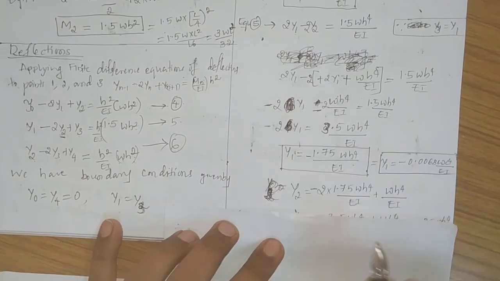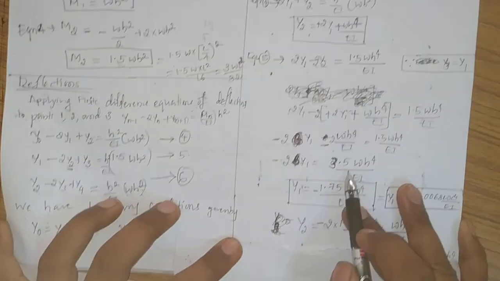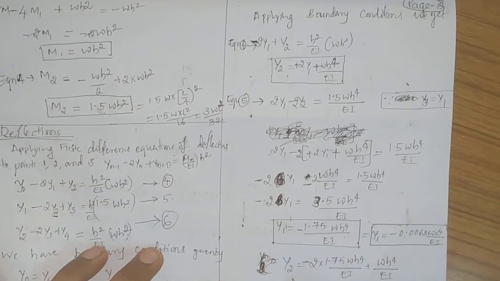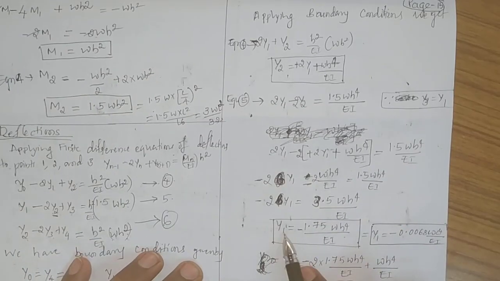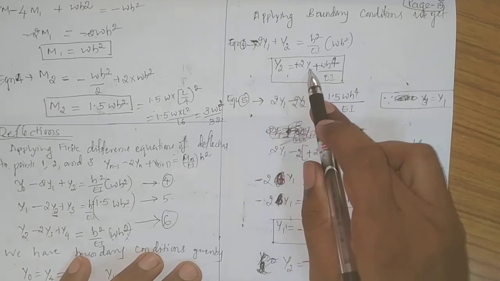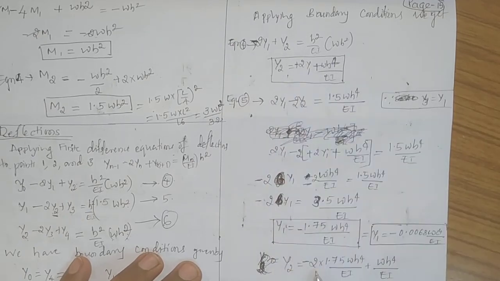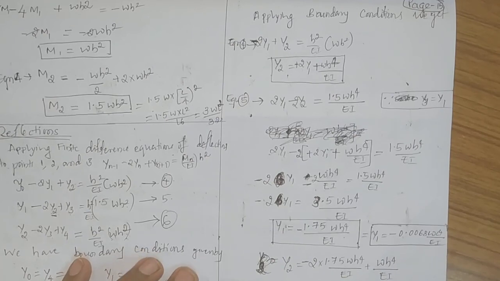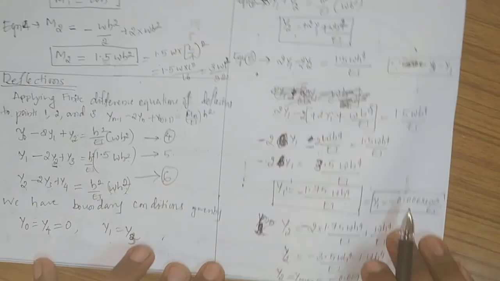Next, substitute the value of y1. We know the equation for y2 in terms of y1. Now substitute the value of y1 here. So you will get the y2 value equal to this much.